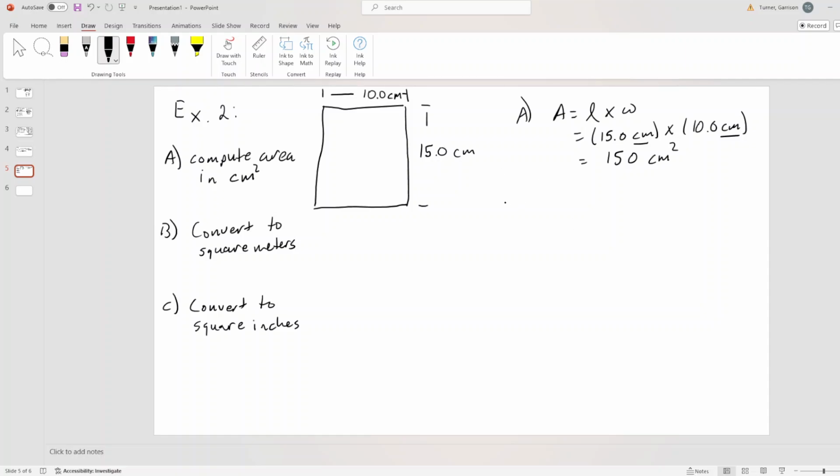Okay, so now I want to convert this into square meters. Okay, so I have 150 centimeters squared. Because of this 2, I have 2 units of centimeters that I need to convert out of. Therefore, I need 2 conversion factors. Okay? And again, centimeters is in the numerator, so I need 100 centimeters in the denominator twice.